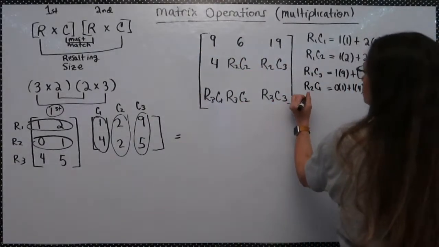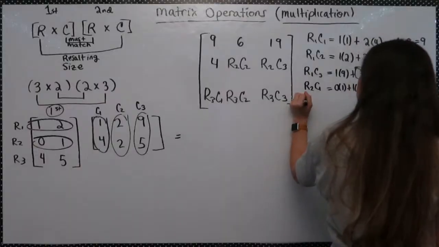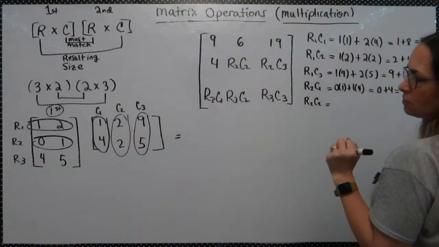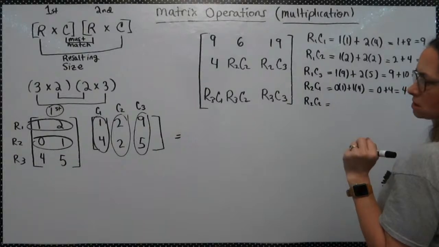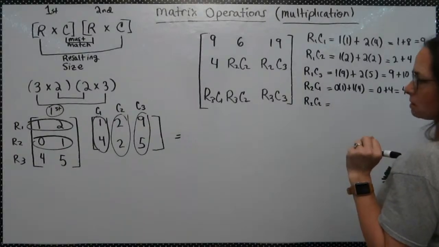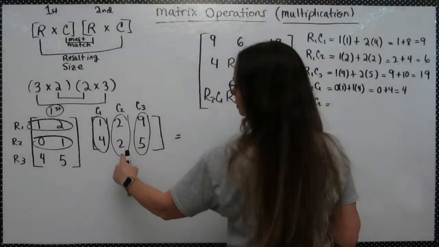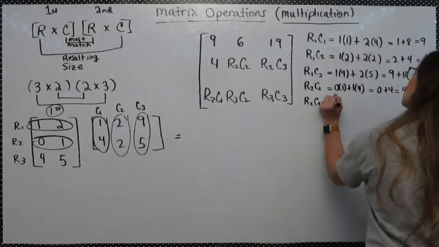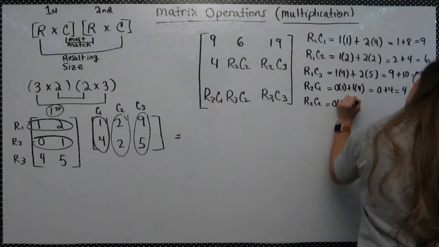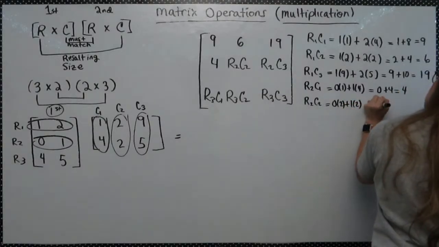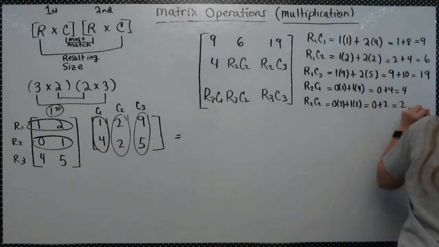And then we'll go to row 2, column 2. And row 2 is 0 times 2 plus 1 times 2. And that is 0 plus 2, which is 2.